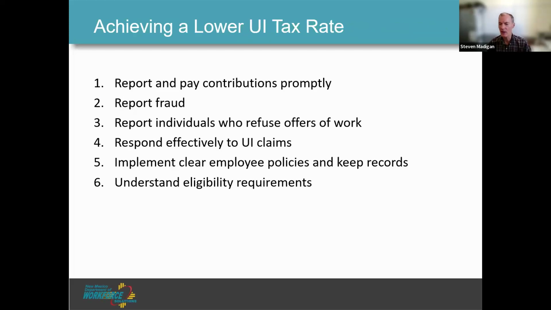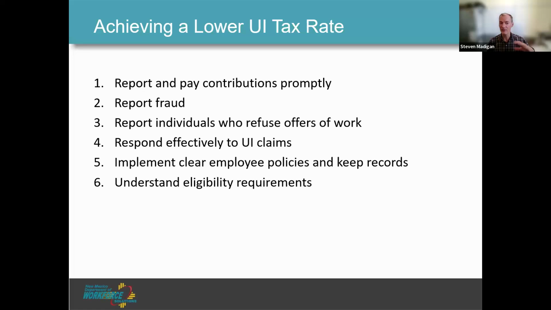So as far as achieving a lower unemployment insurance tax rate, and if I slip into the acronym UI, that's what it is, unemployment insurance. These first three items, reporting and paying contributions promptly, reporting fraud, and reporting individuals who refuse offers of work, are relatively straightforward.